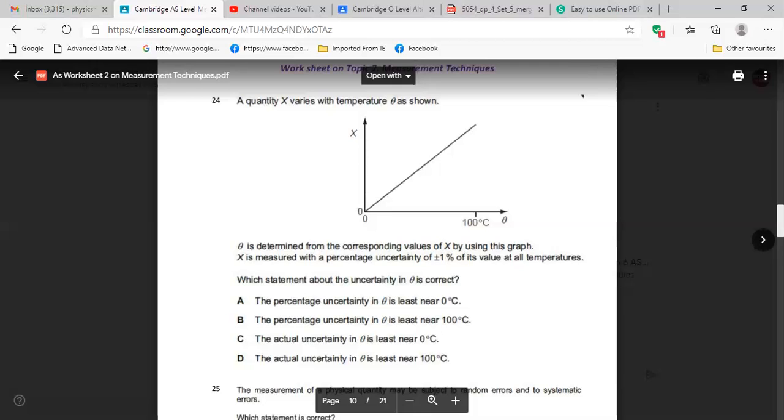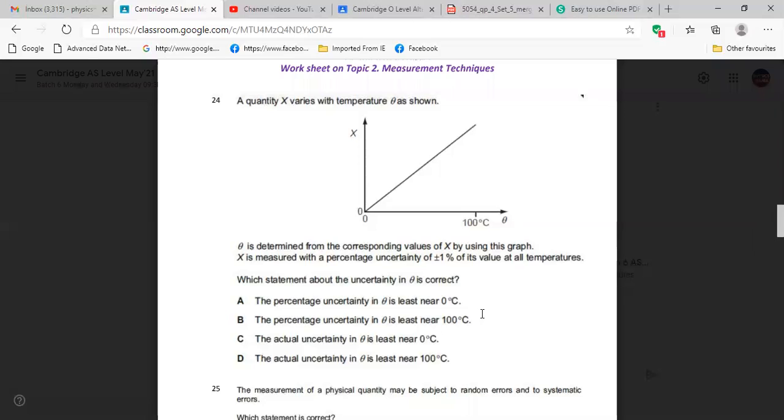Sir, I cannot find the answer, sir. Yeah, now look here, the percentage uncertainty given. Plus minus 1%, right? The percentage uncertainty given is 1%, right?